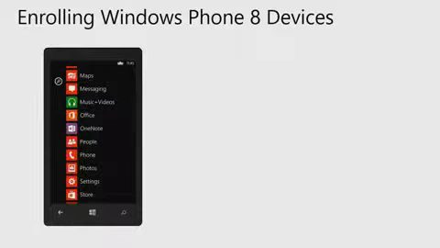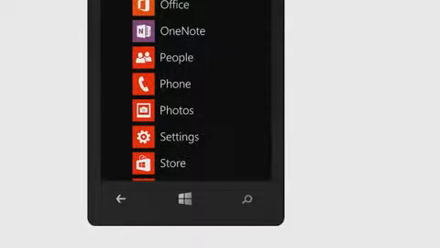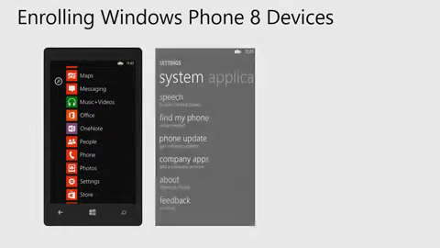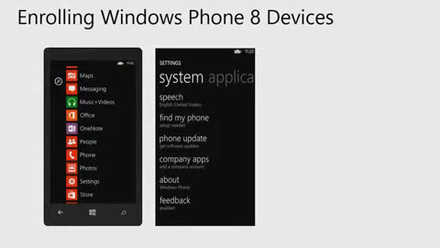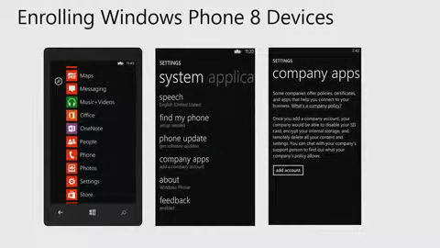So built into the platform is this management capability, and we get to it through this settings configuration here. So built into every Windows Phone is the settings configuration, and when the user clicks on that, they can scroll down to the bottom of the screen and they'll get this company application or company apps option. When they click on that, it's going to launch a screen that basically becomes the interface to this enrollment process.